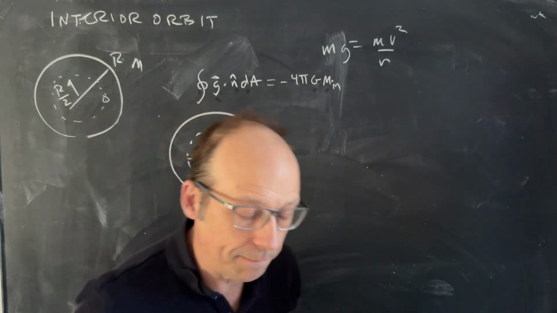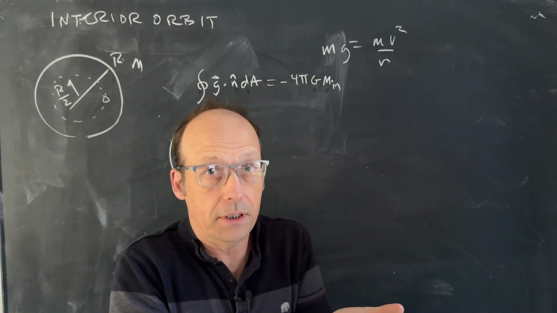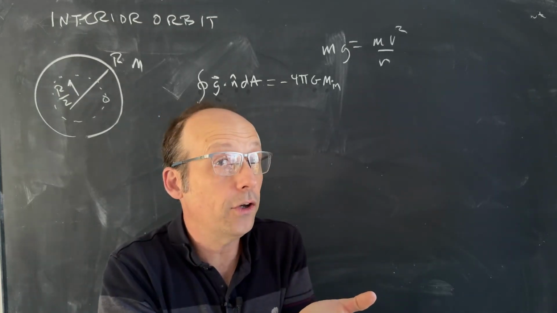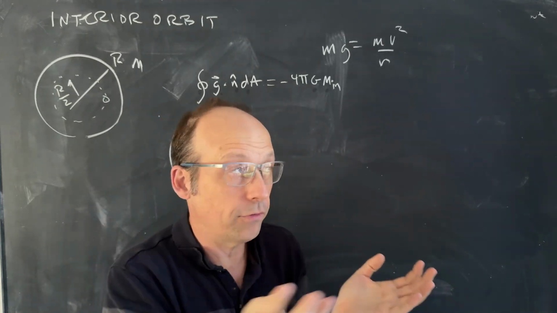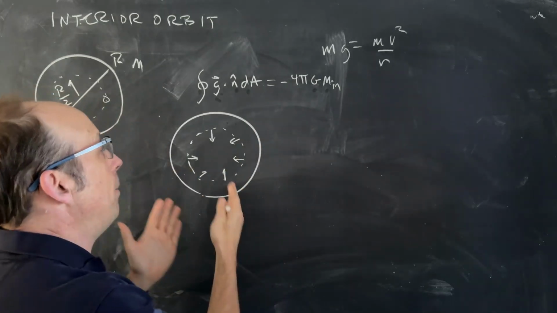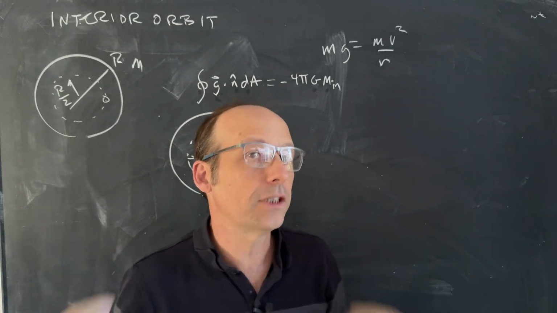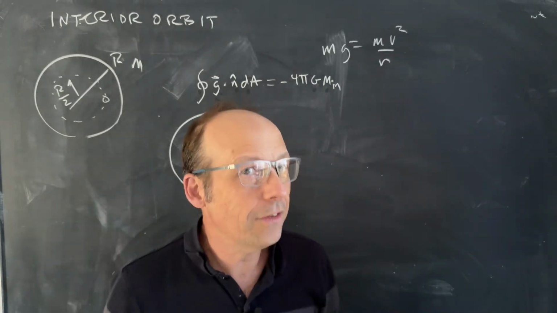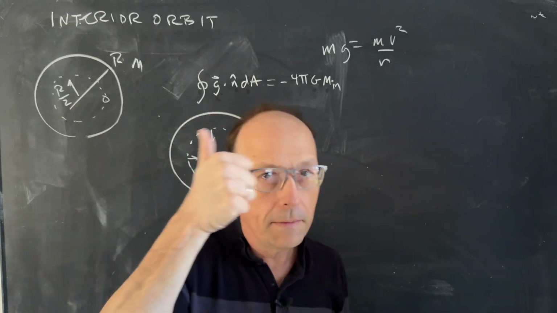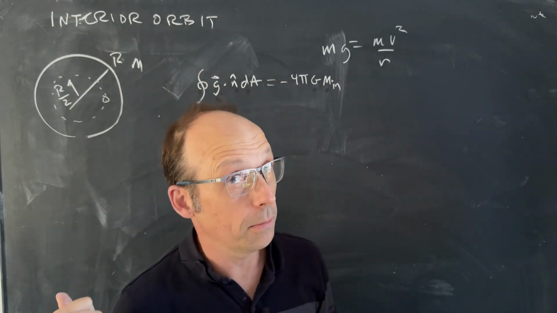Why? If the mass is uniformly distributed, then we would expect the gravitational field magnitude to be spherically symmetric too. So as I move around the sphere, I should have the same magnitude. On top of that, I'm going to say it's pointing towards the center, also because of symmetry reasons. So we're kind of starting off on third base, right? We're starting off knowing the direction of the gravitational field and knowing that the magnitude only depends on r.